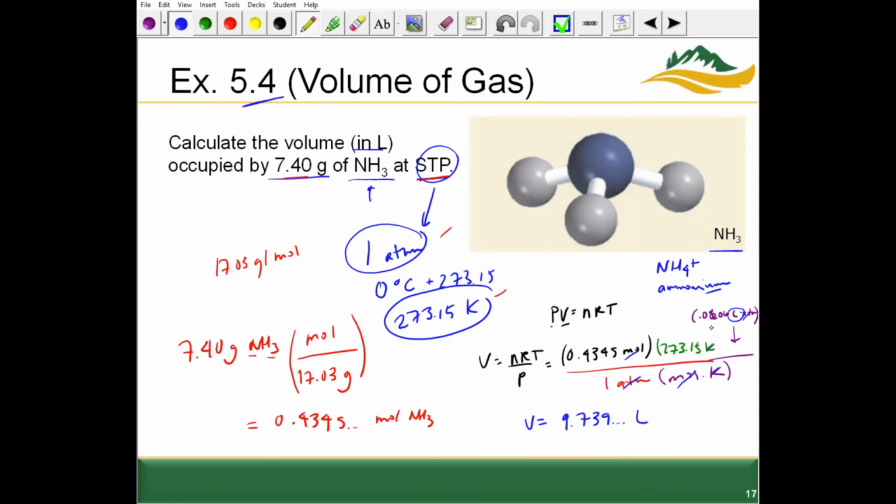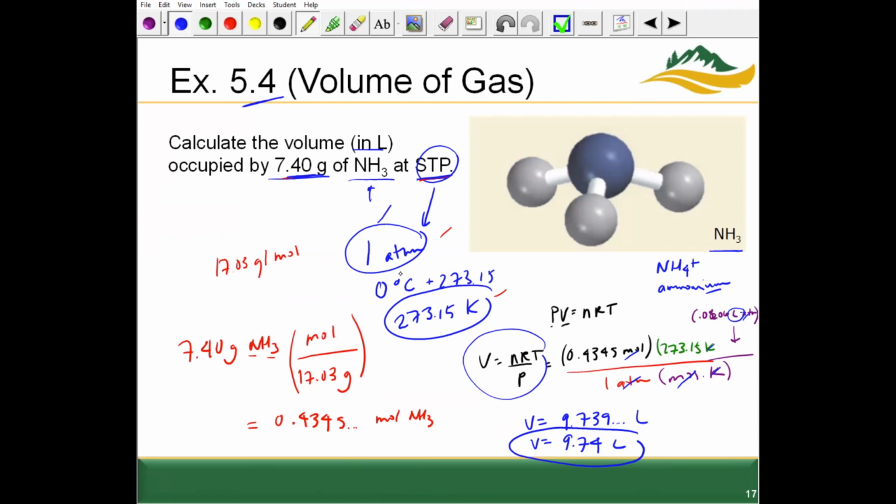For just 3 sig figs, because that's the minimum number of sig figs in our original value, then volume will be equal to 9.74 liters.